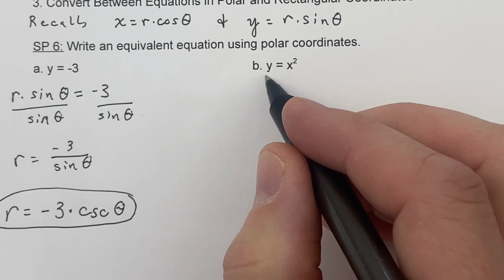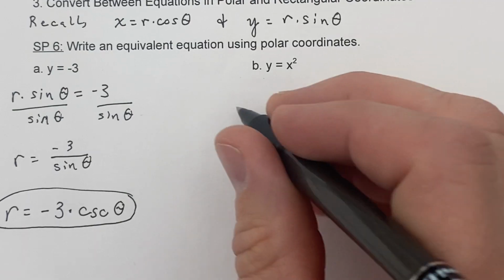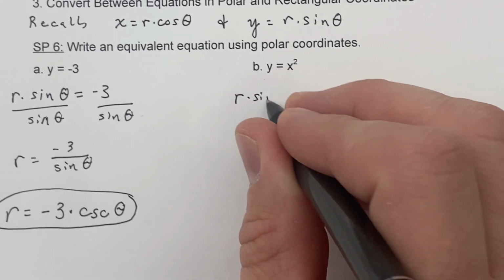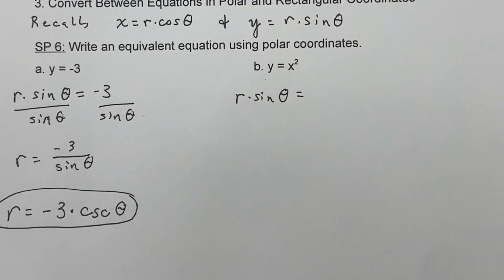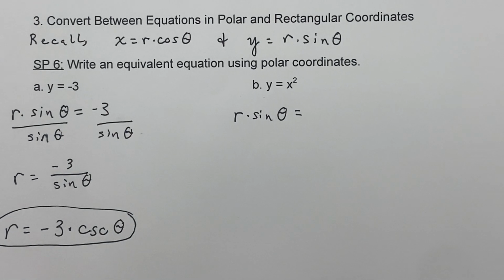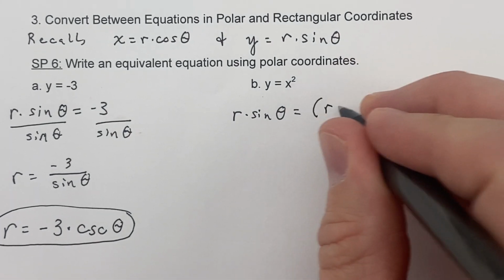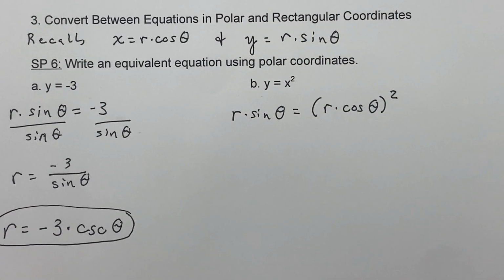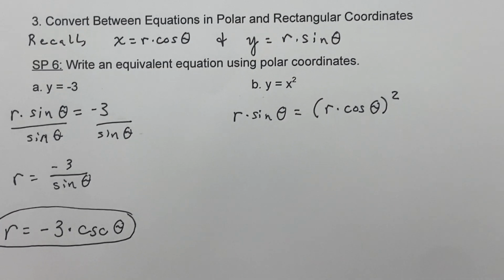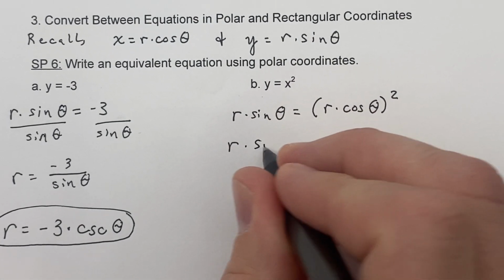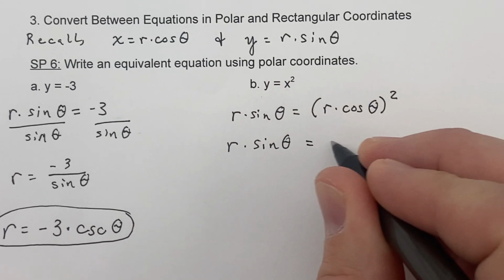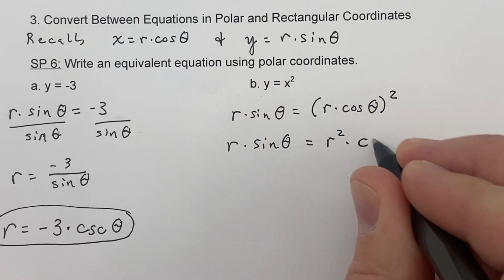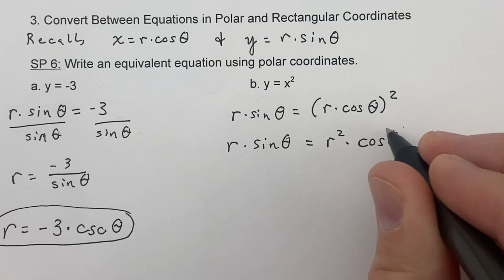Again, we've got to get rid of y, so I'm going to substitute r times sine of theta for it. And I want to get rid of x, so I substitute r times cosine of theta and square all of that. I'm going to distribute the squared portion so the parentheses can go away.